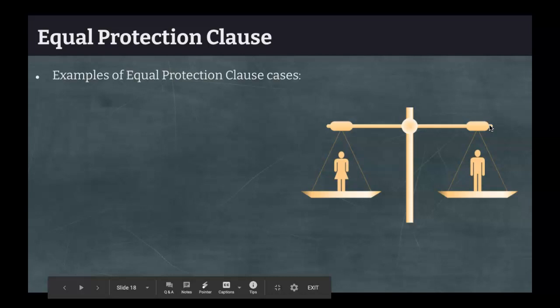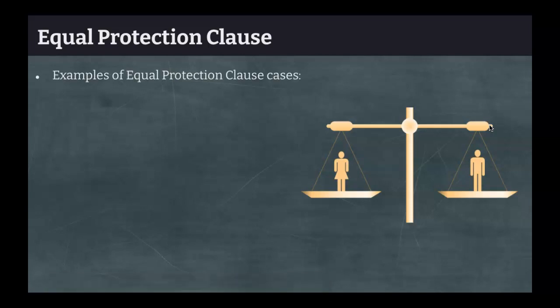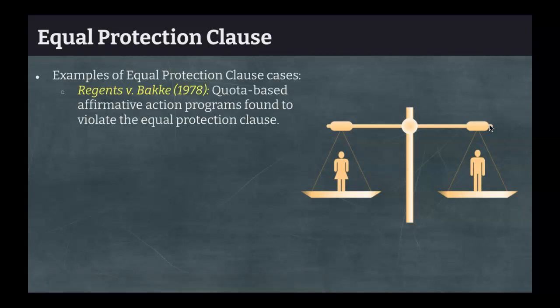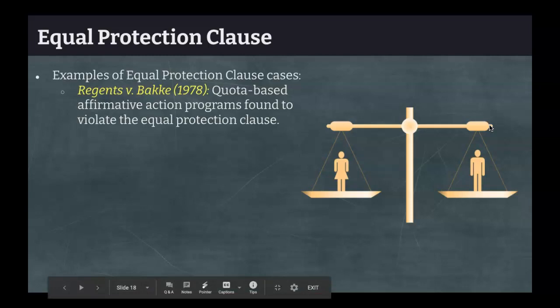Examples of Equal Protection Clause cases, again, cases that slowly incorporated the protections of the 14th Amendment and the Bill of Rights to individuals in states' jurisdiction. Regents versus Bakke, which we've seen before, in which the Supreme Court ruled that quota-based affirmative action programs violated the Equal Protection Clause.